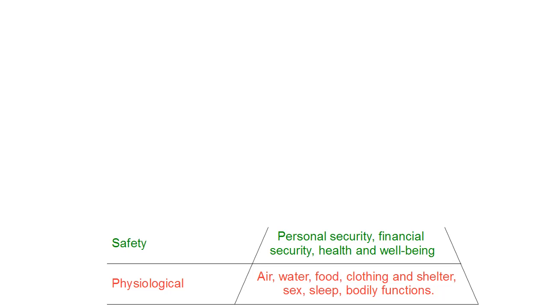It's your health, perhaps having enough health insurance so that if you do fall ill, you're going to be able to pay the bills. And it's just general well-being, things so that you can sleep at night without all these things on your mind. So that's the second level of the pyramid.